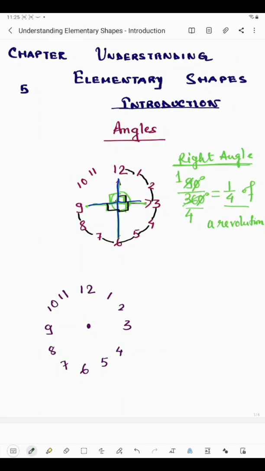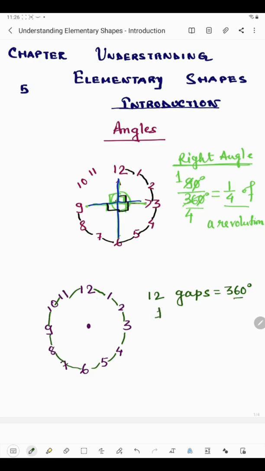Now see here, if you count the number of gaps from 12, it's 1, 2, 3, 4, 5, 6, 7, 8, 9, 10, 11, 12. So in total we have 12 gaps. Now 12 gaps means 360 degrees, because a full rotation makes 360 degrees.